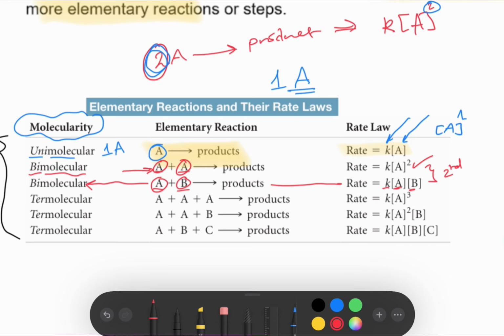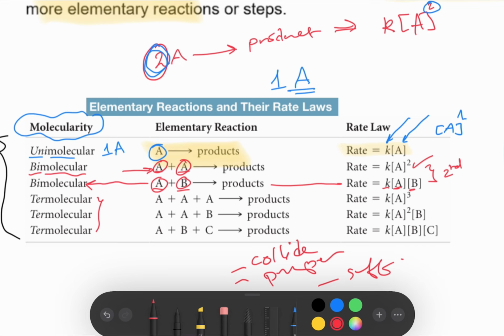Now, let's introduce the last type, which is the highly unlikely type of reaction in which you have three reactants that should react at the same time. They should collide at the same time in a proper orientation with a sufficient amount of energy, which is a very rare case. But it takes place.